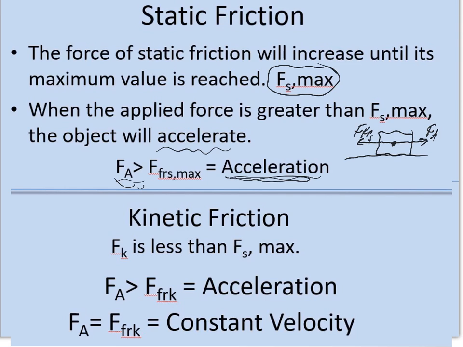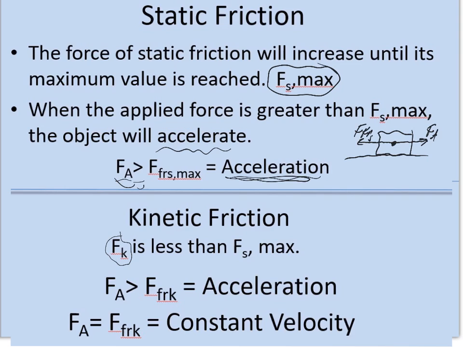Kinetic friction is the value that's always less than static friction. We know that for an object to accelerate, the applied force has to be greater than the kinetic friction. Think about if you were pushing on a car and you stop pushing on it. Well, the car's going to roll, slow down, and eventually come to a stop.